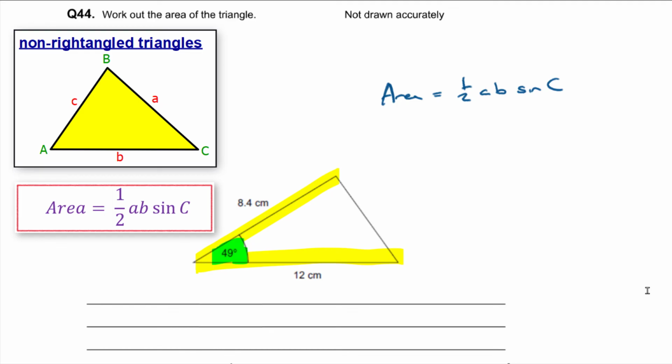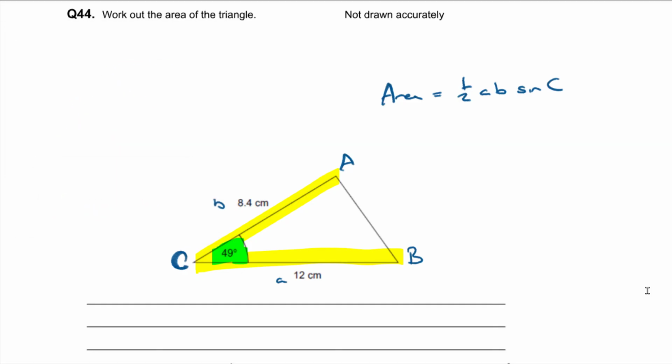If you think about it, if this was angle C, then these two would be A and B, and so this would be A and this would be B. So I would have A, B, and sine C. Okay, so it has to be the two sides and the angle between them that is the one you want. So here I'm going to get area equals a half times A, which is 12, times B, which is 8.4, times the sine of C, which is 49.